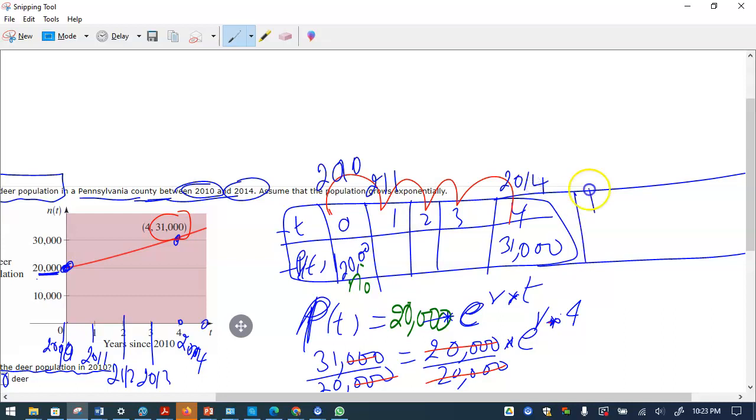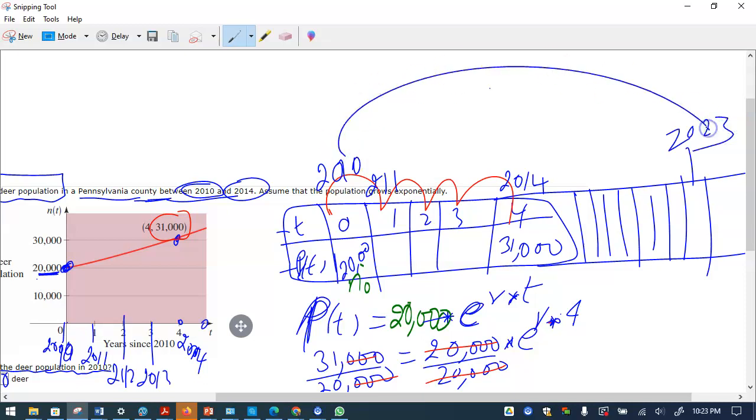So from here to 2023, if you subtract, you get 13 years. So all you do is put 13.